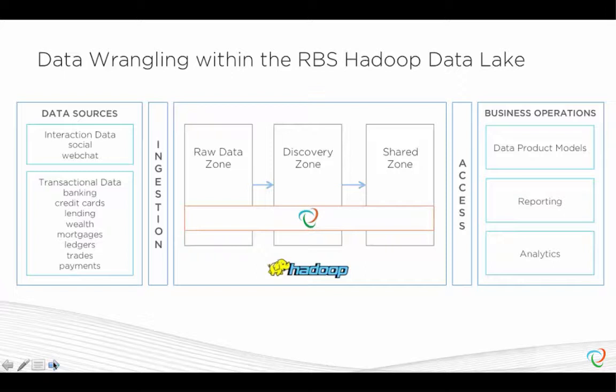Once this was ingested into the Hadoop data lake, Trifecta was deployed on top of Hadoop, which allowed the analysts to access, structure, wrangle the data, and ultimately push that downstream so that the business can use the final data models for reporting analytics and producing advanced statistical data science models.